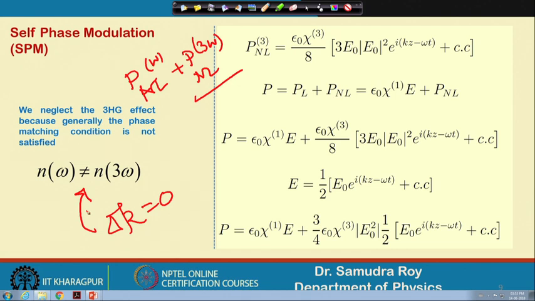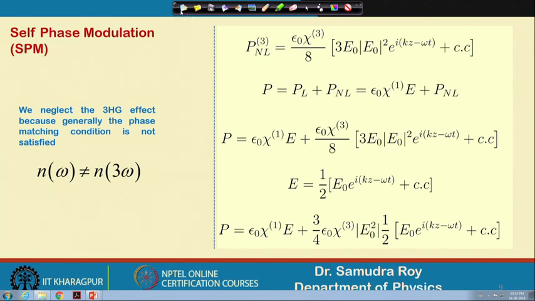We need to have a proper kind of crystal where we can make this kind of arrangement, so that the dispersion profile is matched properly and we get a third harmonic effect, but normally we will not get this. So, in the P nonlinear term we will not bother about the term containing frequency 3 omega for the time being, because it can lead to third harmonic, and we will not discuss third harmonic right now, since the phase matching is normally not satisfied here.